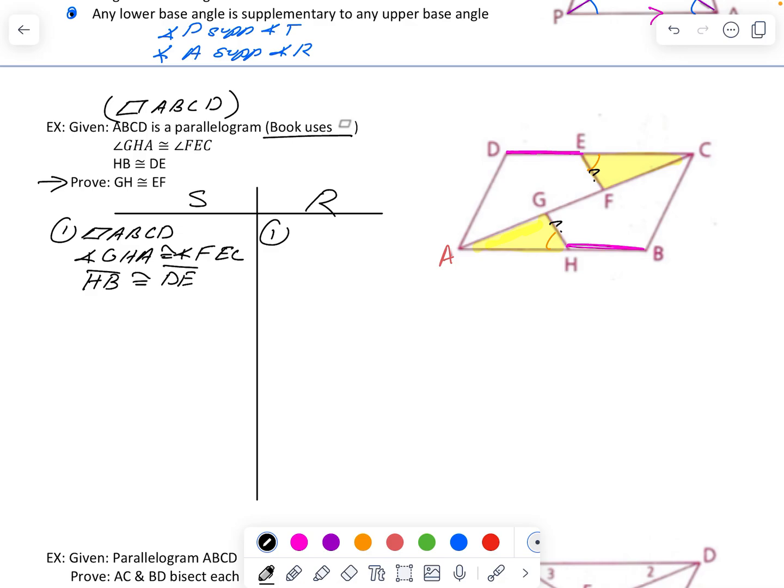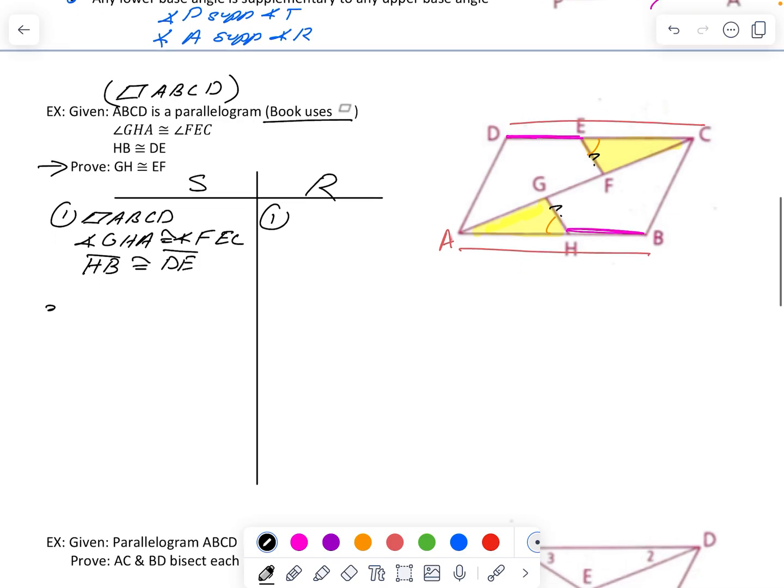So let's see what we can do. Properties of parallelograms. So first of all, it would be really great if I could show EC was congruent to AH. Well, by properties of parallelograms, I know that this whole side is congruent to this whole side. And so if I have the full side minus the partial, that would give me the piece I want. So I'm going to start with DC congruent to AB.